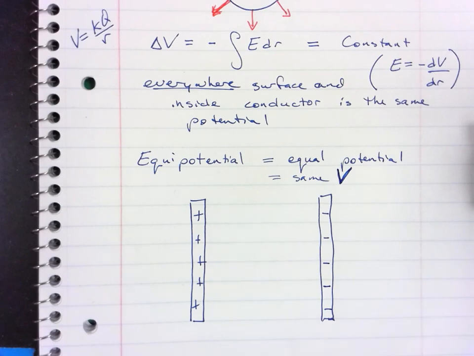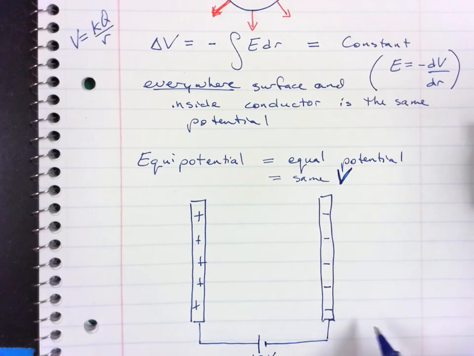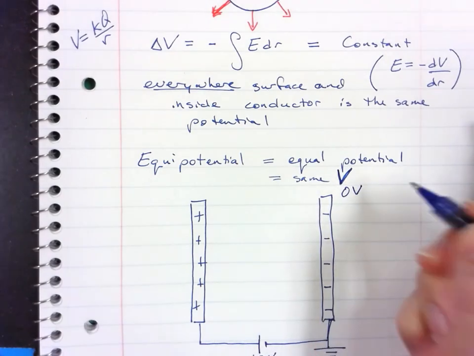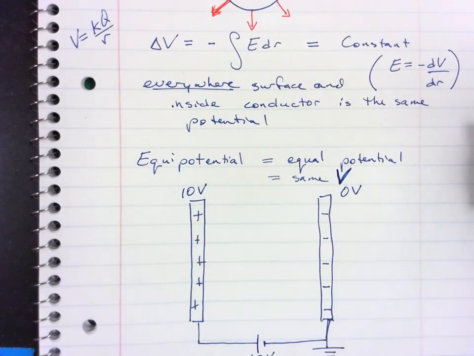And why are they charged? Because we hooked up a battery to them. And this battery, to make things nice and simple, is a 10-volt battery. We have also grounded this side. So this side is at 0 volts, okay? And that means this side is higher by 10, so this is 10 volts.